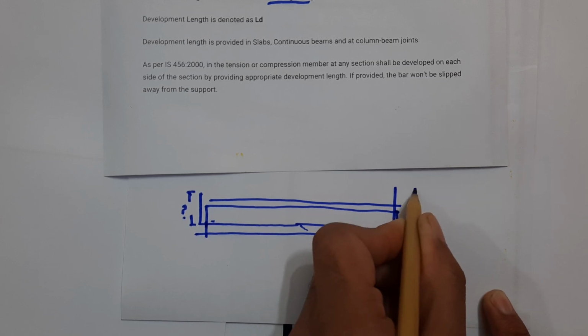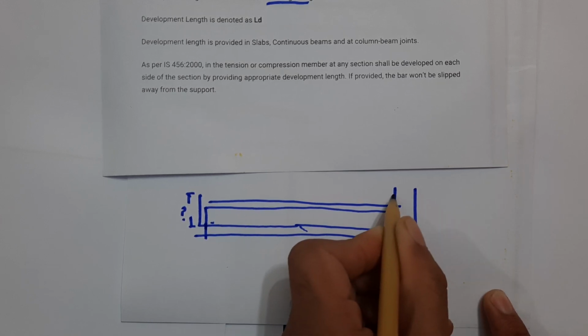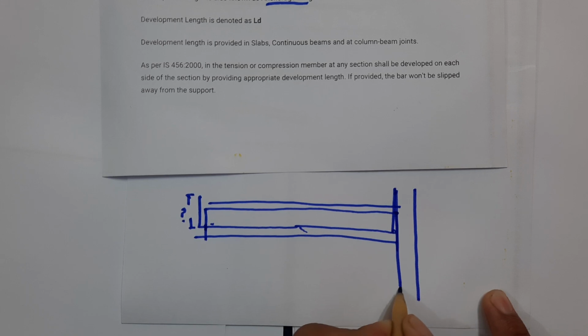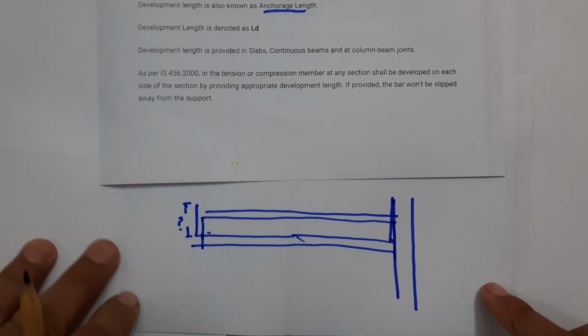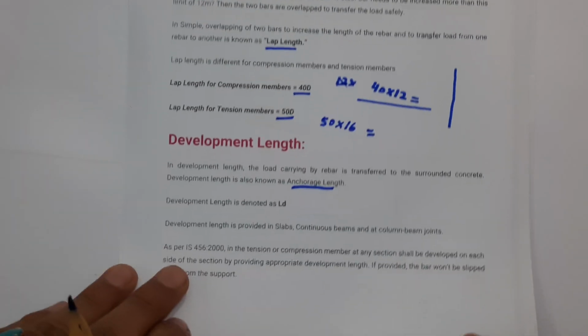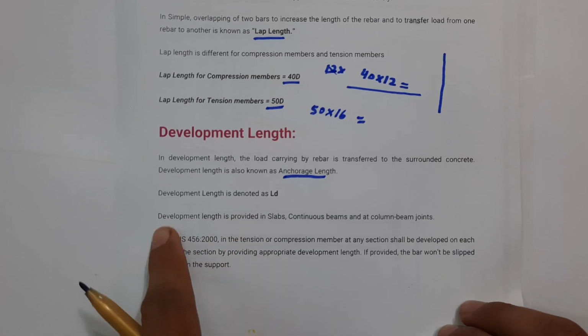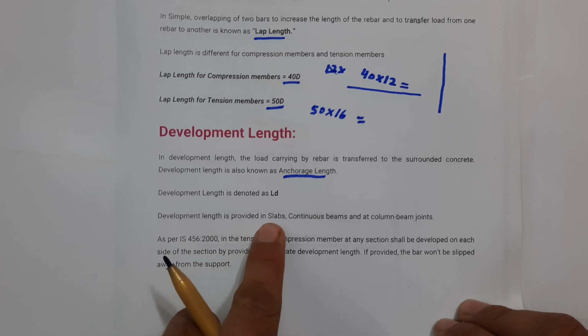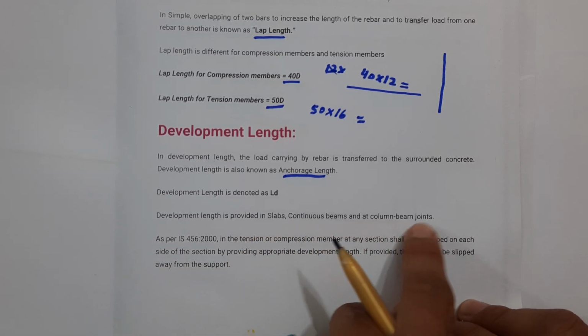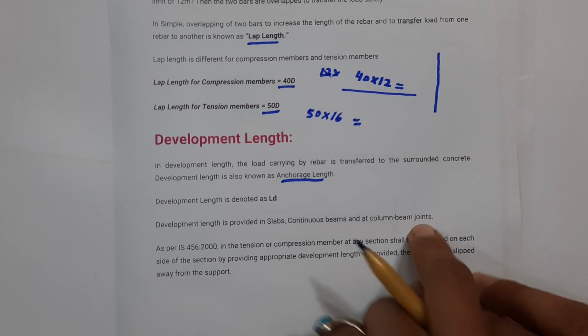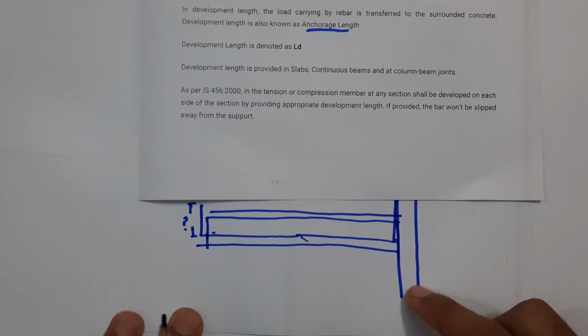Here, guys, you can see this is a column. In a column, it can make a good bond between steel and concrete. Now you can see development length is provided in a slab, continuous beam, and at the column beam joints.